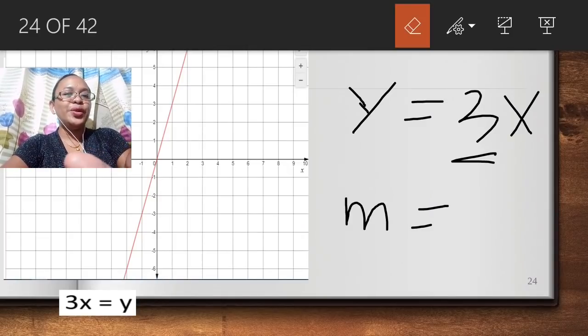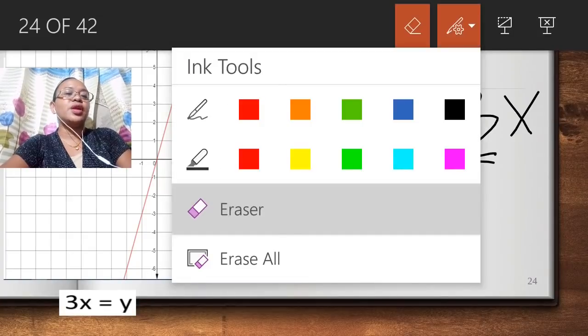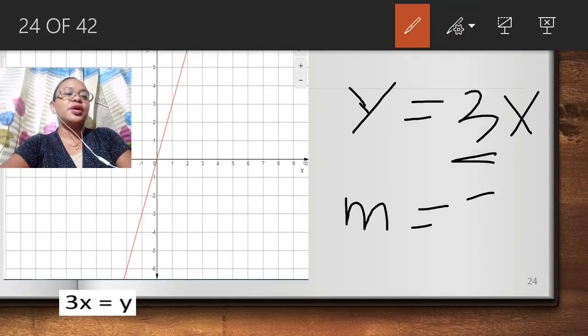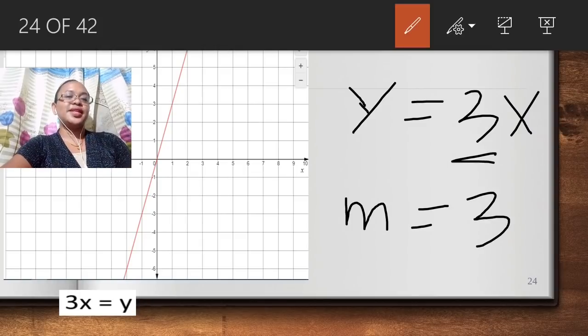So whether you use the way by going up and going to the right, or just look at the equation and transform it into slope-intercept form, your answer, your slope, is always the same.